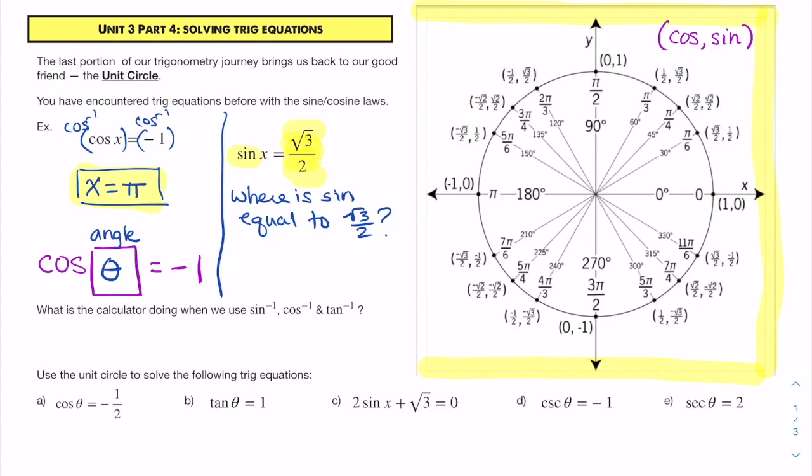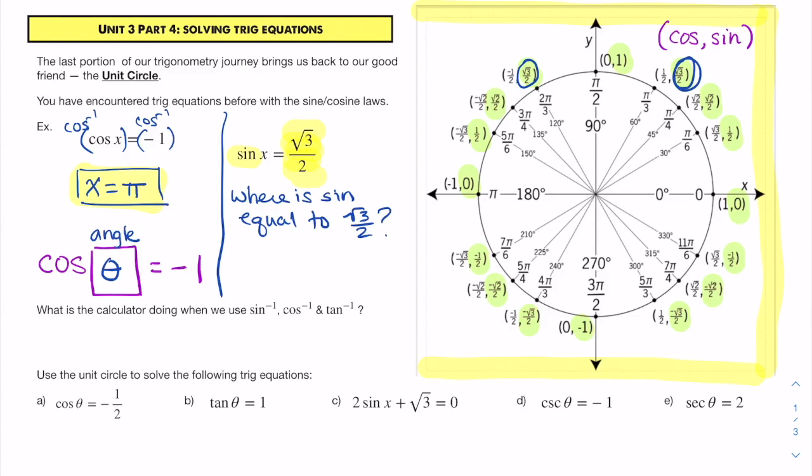Okay, so now we're focusing on sine. So sine is going to be second position. So there's sine, and we're looking for where sine is radical 3/2. And so the interesting thing you'll notice is I see 2. There's one here, and there's also one here.